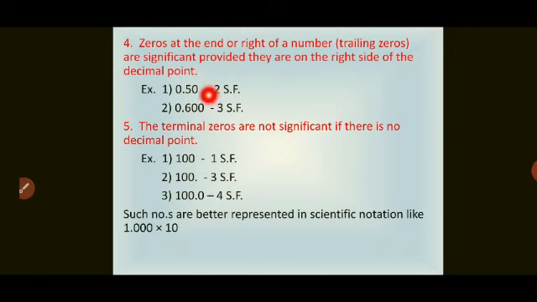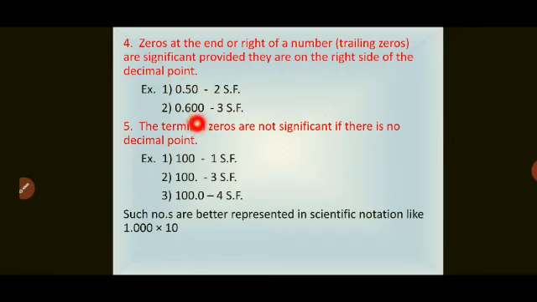Right of a number means after the decimal point, if the 0 comes, it is considered as significant figure. But what should be the condition? It is at the right hand side of the decimal point. For example, 0.50. How many significant figures are there? 2.